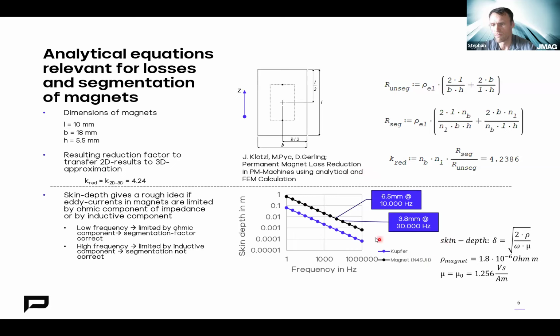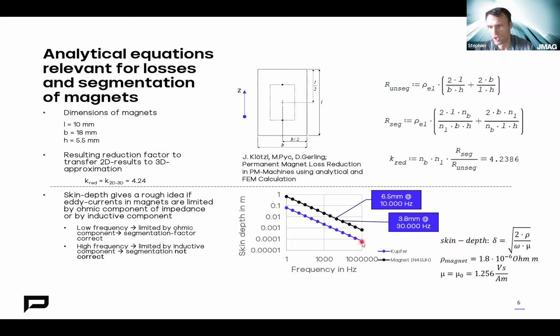I think this is known from conductors, where the current distribution in a round wire is calculated, and in the skin depth, a big portion of the current is flowing inside a conductor. And you can also use this skin depth calculation for the magnet. For copper, you can see it here in the diagram.